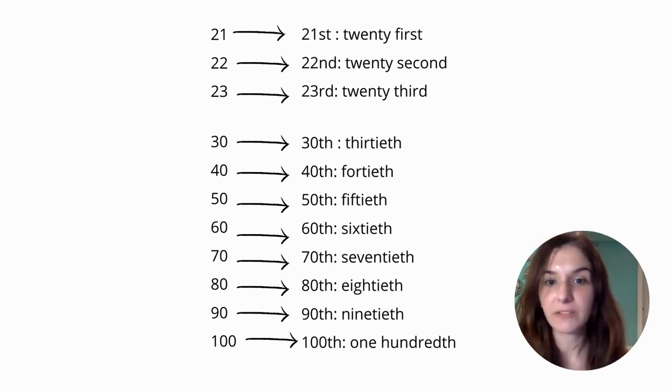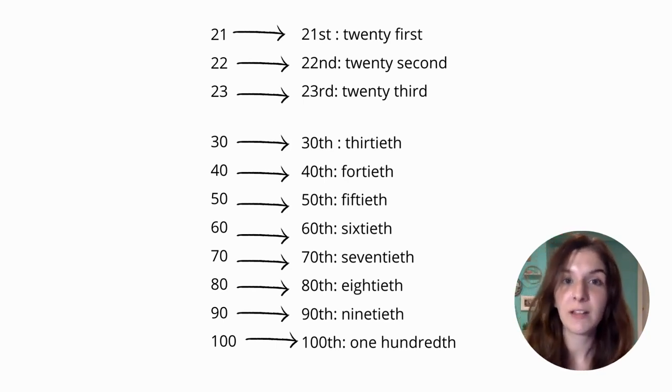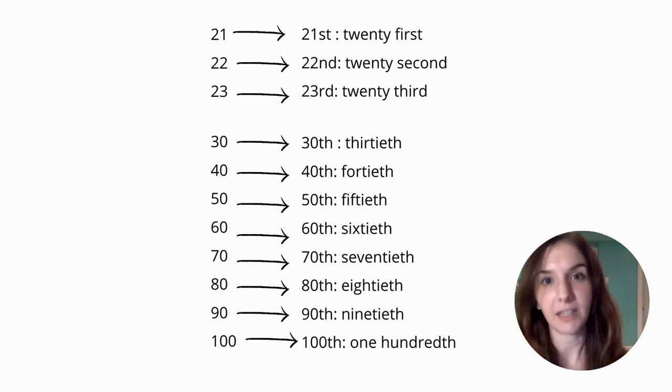And in between any of those, so for example, if you picked 40, you would go in between with 40th, 41st, 42nd, or 50th, 51st, 52nd, etc.